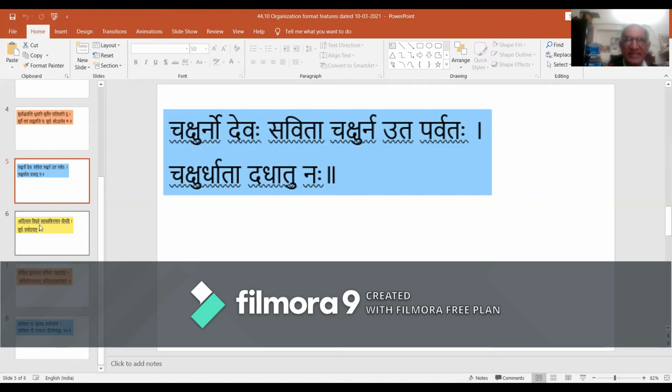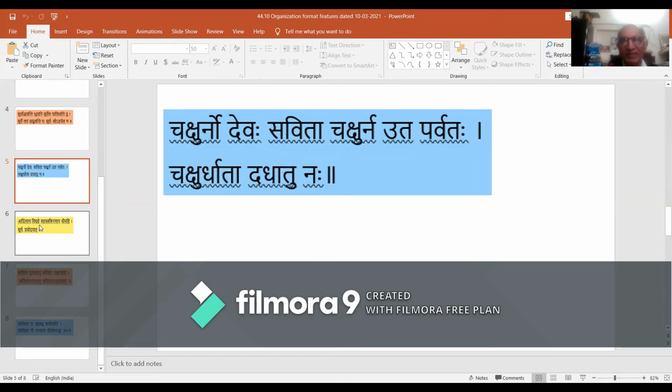Chakshu, eyes, or divine organs, and this divine organ is of upward flow and of the reach up till the top of the mountain. The second sentence is that the Creator, the sustainer of this divine organ, is also the sun.